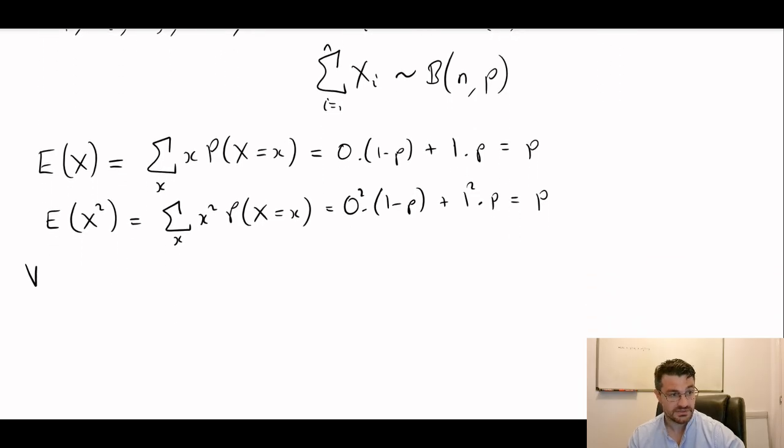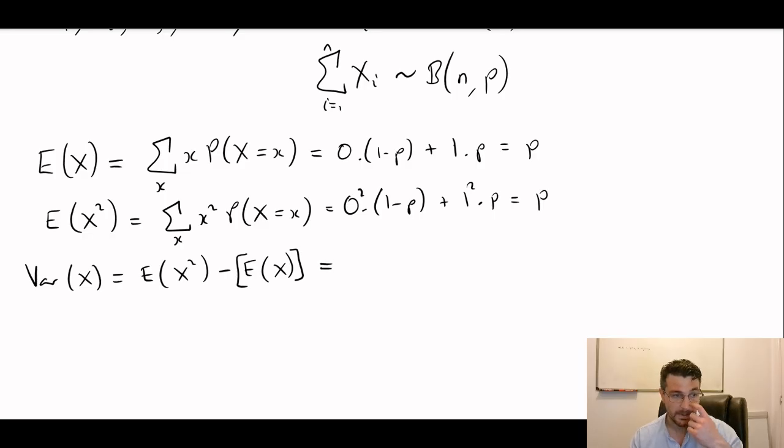So then the variance of X is equal to the expectation of X squared minus the expectation of X all squared. These are not the same thing. The expectation of the random variable X squared is not the same as the expectation of the random variable X, all squared. They're two different things. So this is equal to p minus p squared, which is equal to p times 1 minus p. So we've got the expectation, or the mean, and the variance of a Bernoulli random variable.